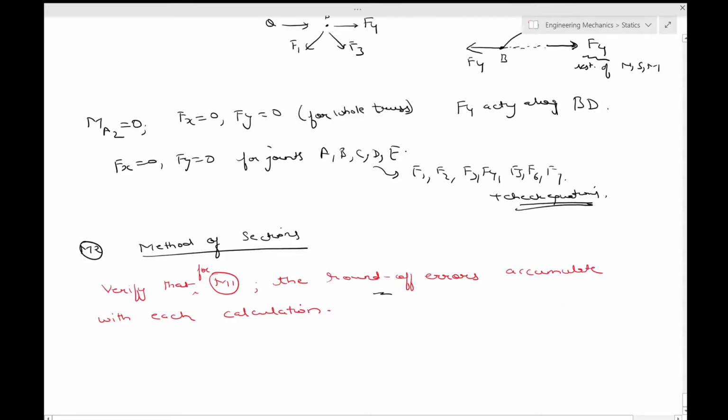So some tips on how to choose a section in a plane truss. Again, this is a tip.